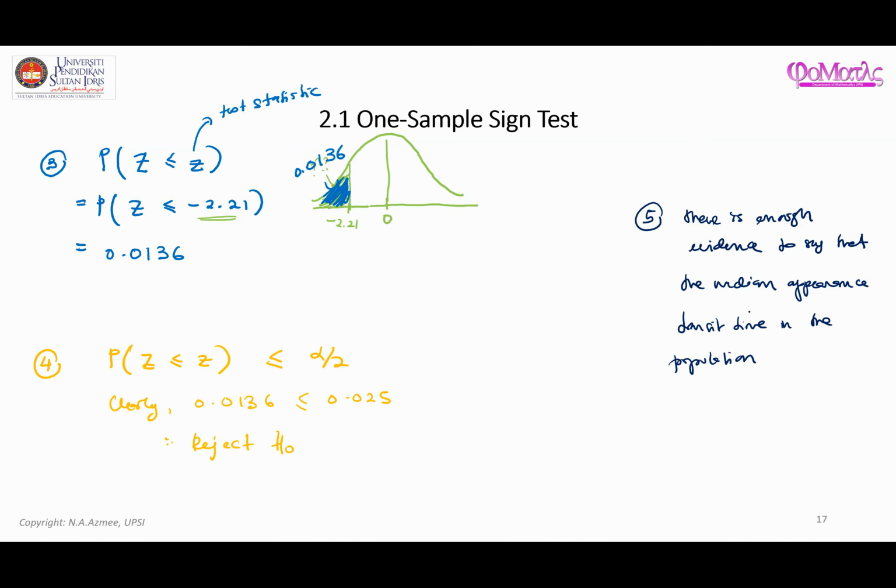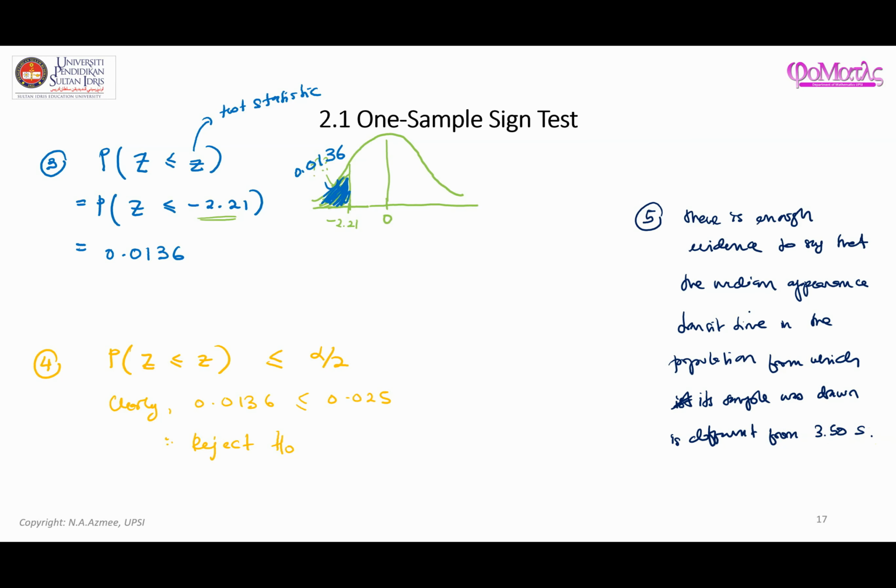Okay, so the median appearance transit time in the population from which the sample was drawn is different from 3.5 seconds.